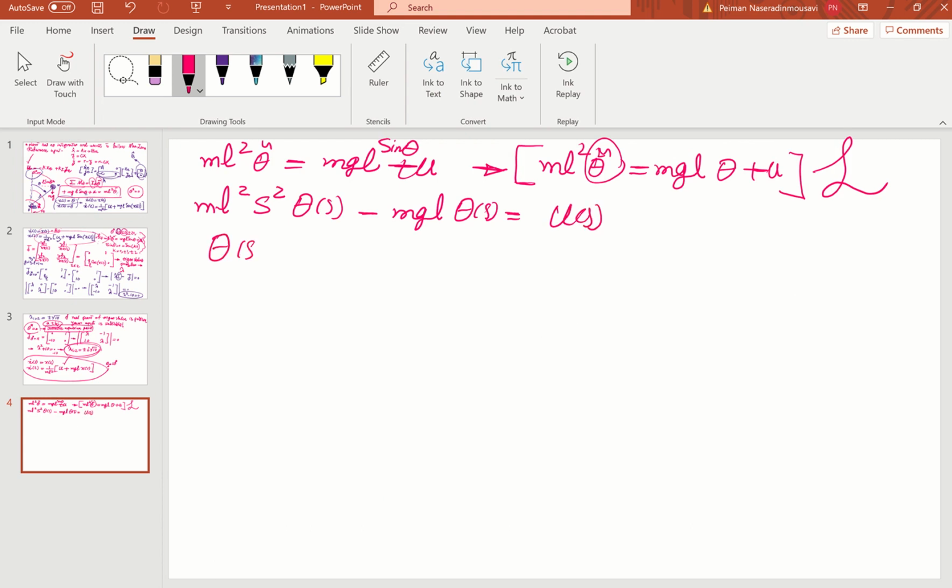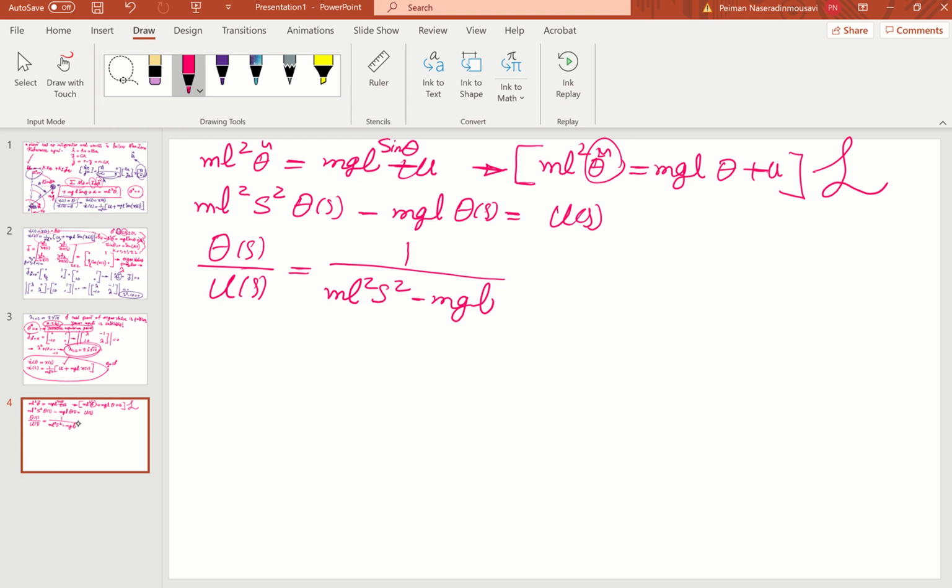So theta over u, output over input of the system, is going to be 1 over ml squared s squared minus mgl.